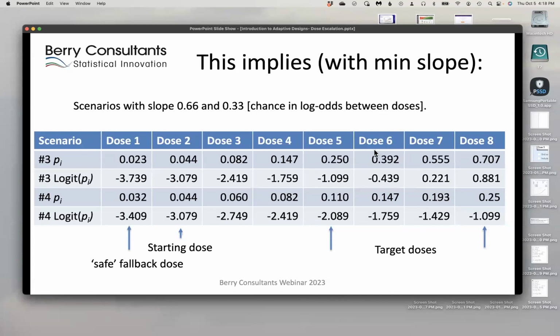Dose 6 is only just above the target. We'd quite often expect it to go to dose 6 and maybe even dose 7 before de-escalating to dose 6. So again, looking at things through this lens, hopefully we can see that even 6 doses may not be enough. We might need to go to 7 or 8 doses in case the toxicity doesn't increase the way it's expected.